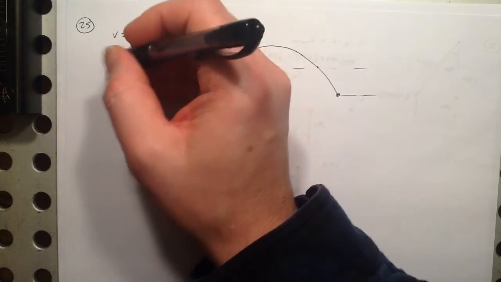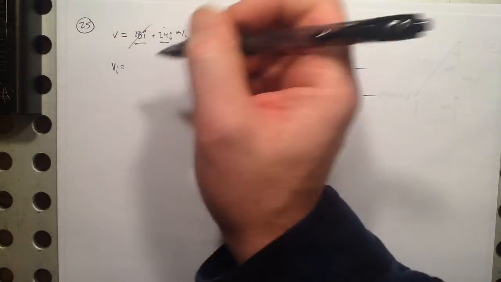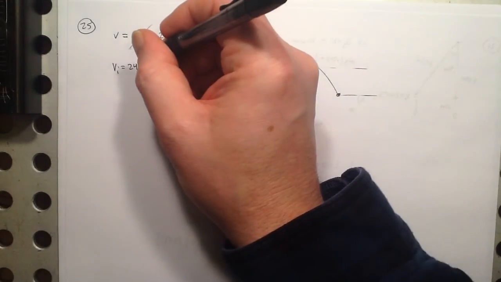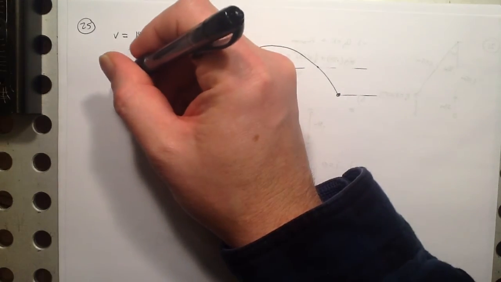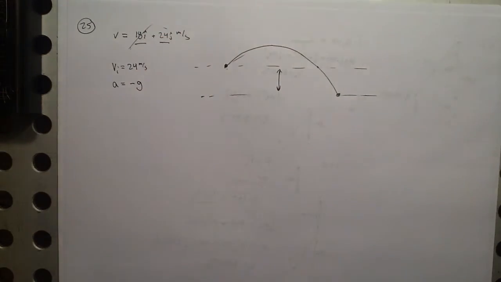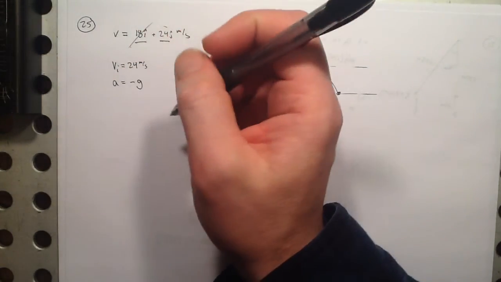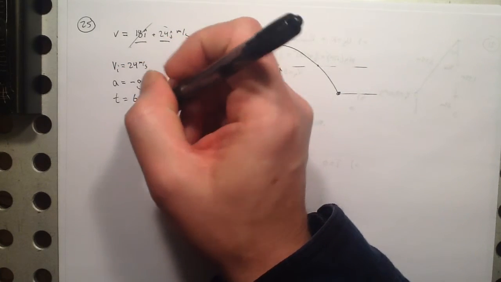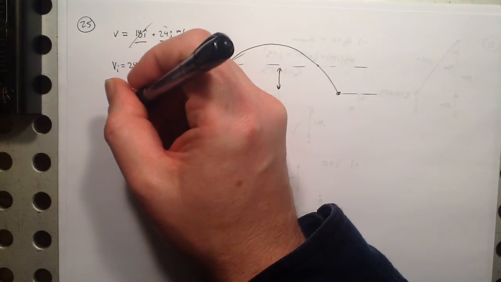So here's the initial vertical velocity, right? The acceleration would be negative 9.8 meters per second squared, and the time is 6 seconds. And I would like to know what is the delta y.